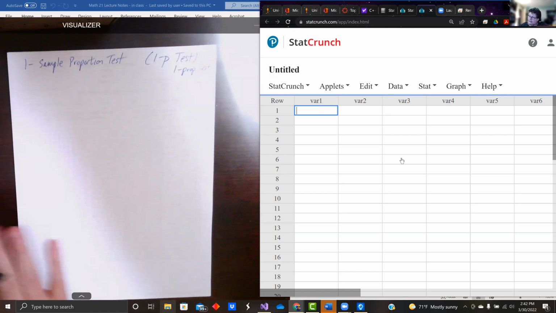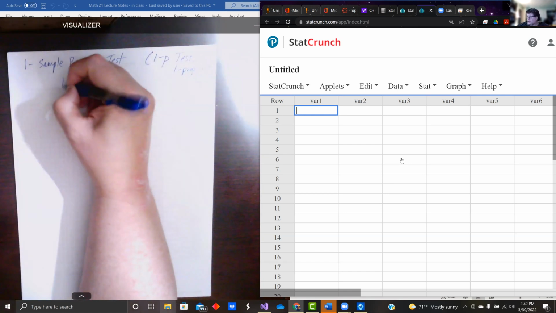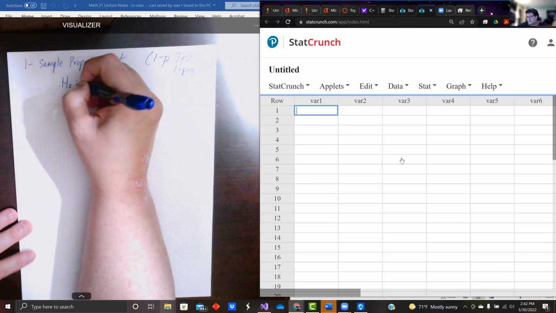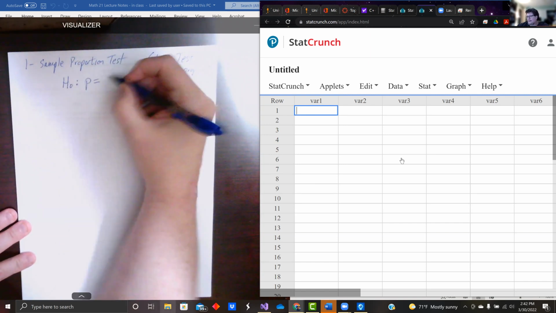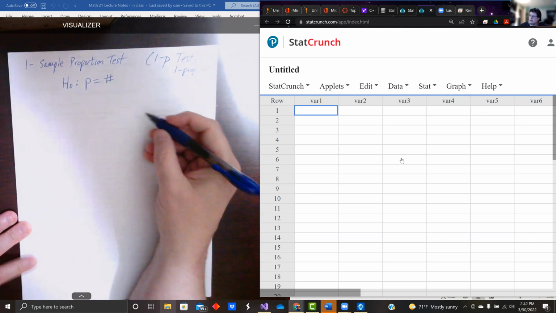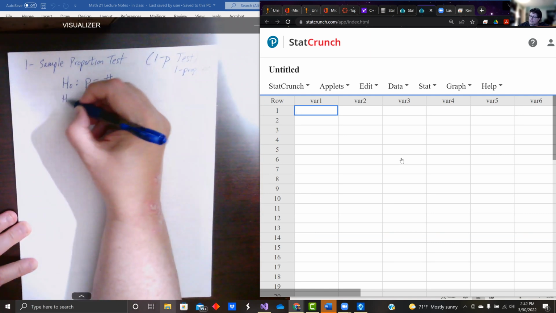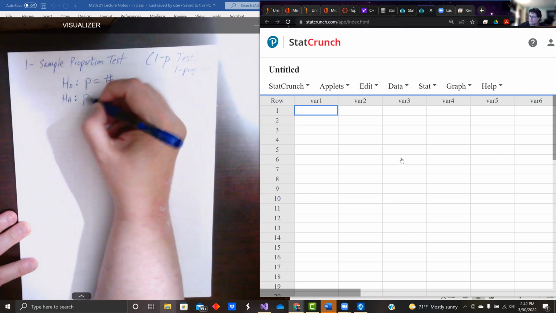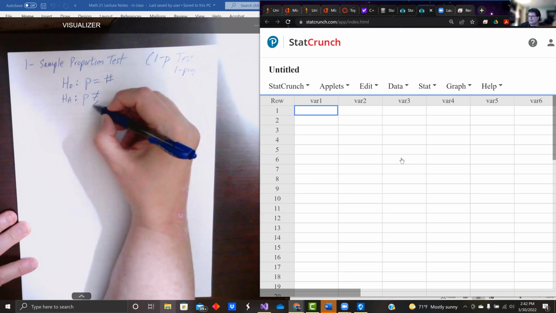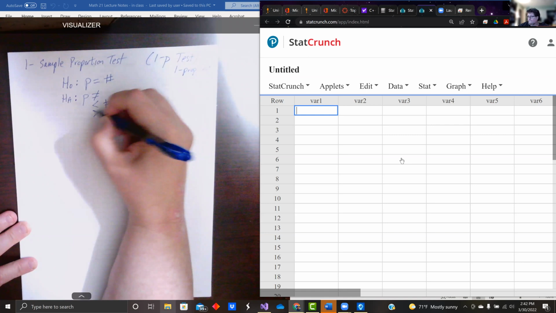And in this scenario, H naught is P equals some value. And HA is P either doesn't equal, is less than, or is greater than that same number.